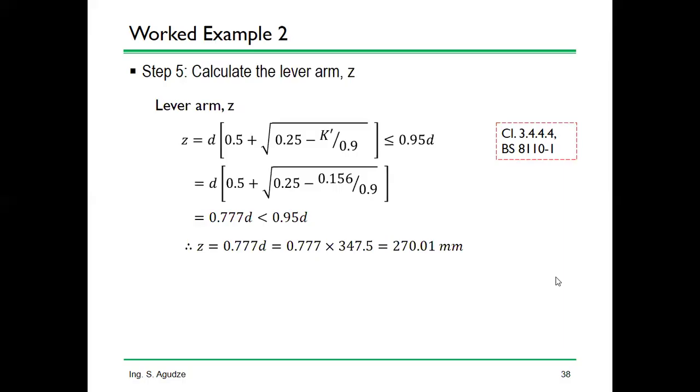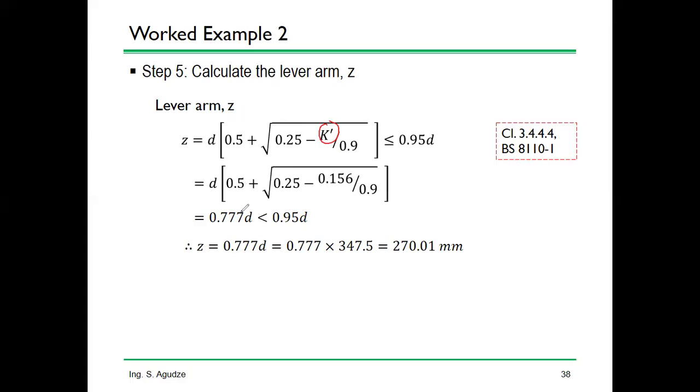So then we move to step 5. You calculate your lever arm Z. Again, remember that in this calculation, the K in this formula is K prime, not K. I keep stressing this because when you miss the formulas, whatever that you do thereafter amounts to nothing, right?